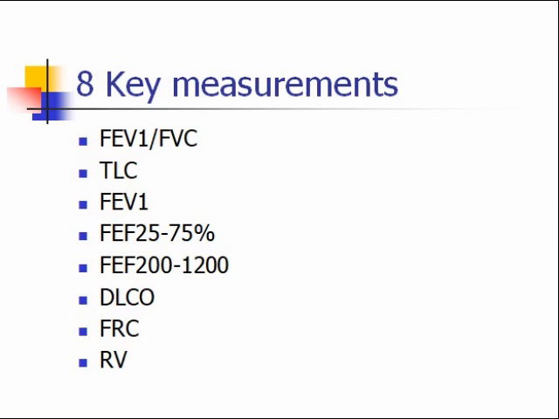If you look at these 8 measurements and know what you're supposed to be looking at, your interpretation will be dead on. So let's take a look at each of these measurements.